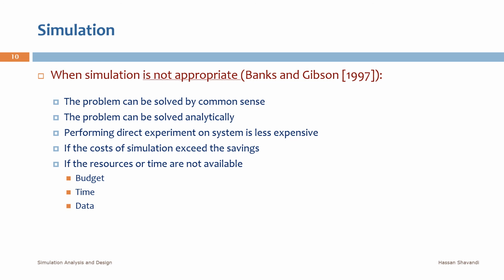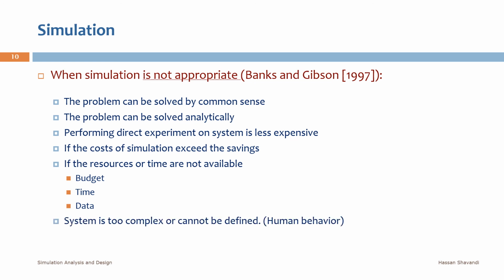So if you don't have data from the history of the system, how are we going to build the probability distributions and then the simulation model? Or if we don't have much time to build a model, we can't use simulation, or if we don't have enough budget, again, we are not able to apply simulation.